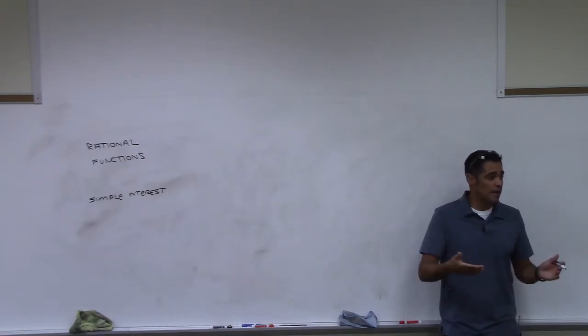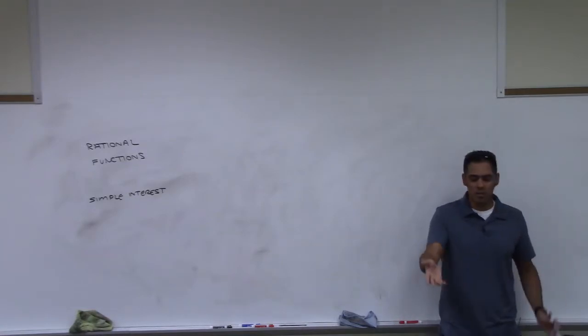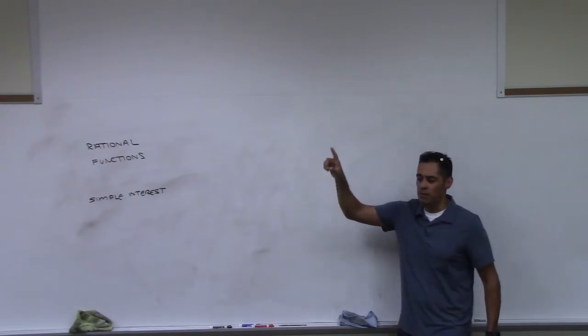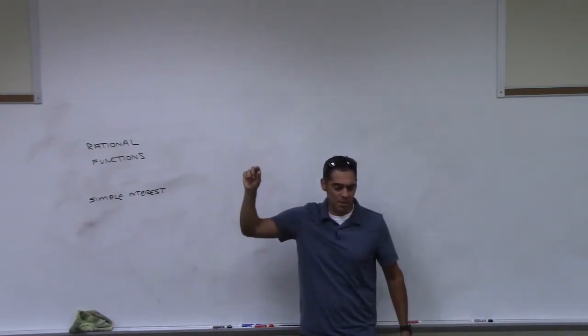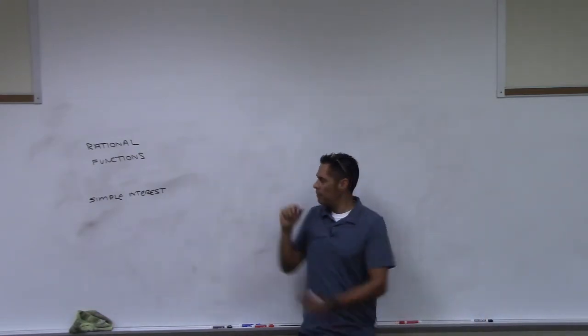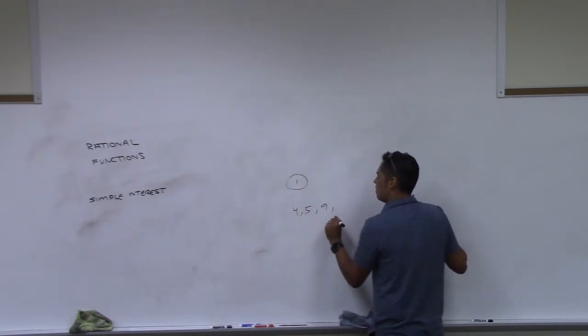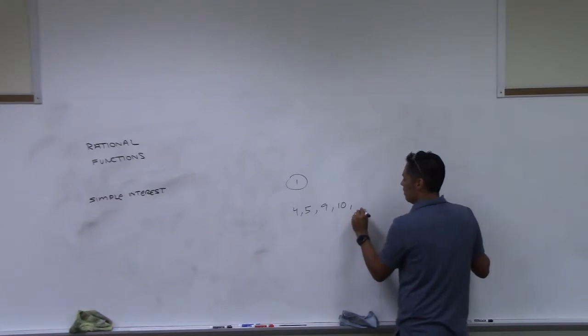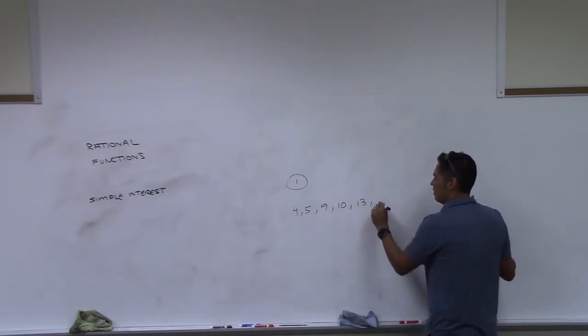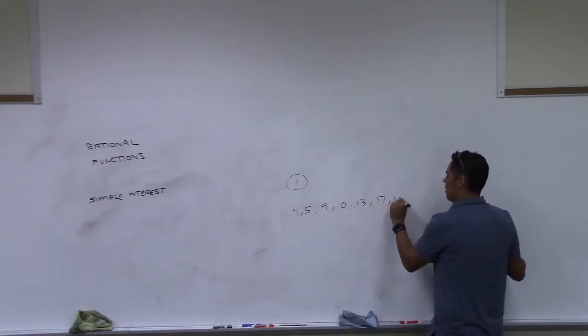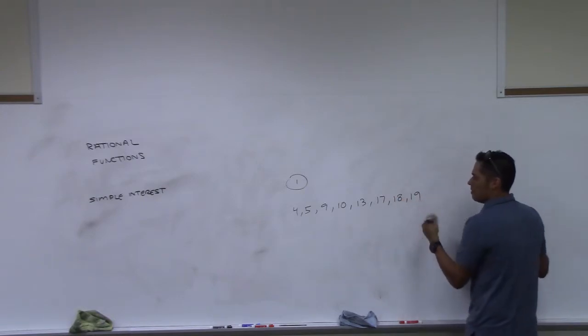Should I run through that again? No? Well, you tell me, what problems are on exam 1? Just in case someone watches this later. 4, 5, 9, 10, 13. That's it?